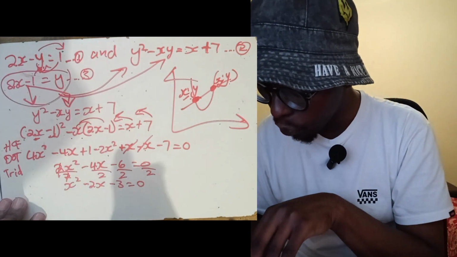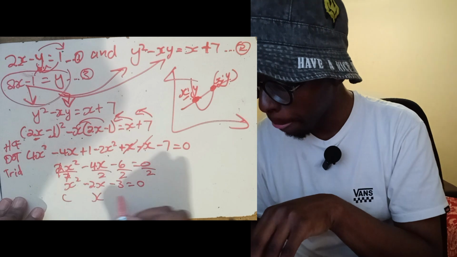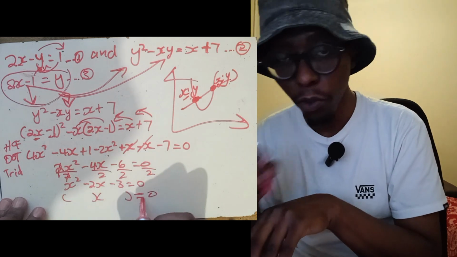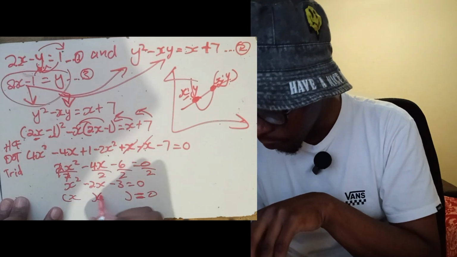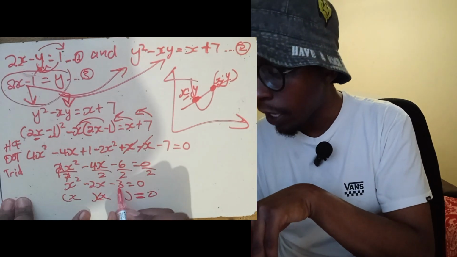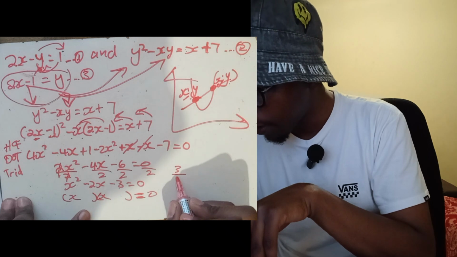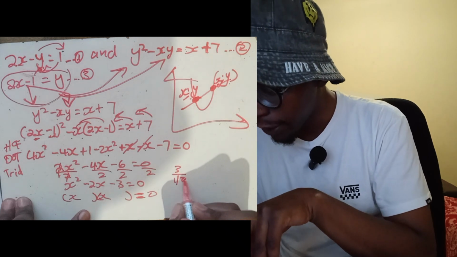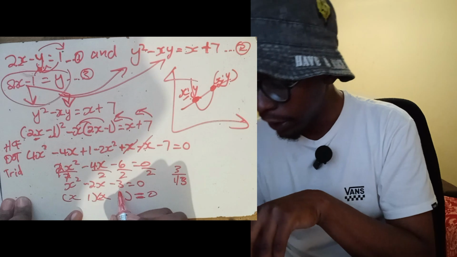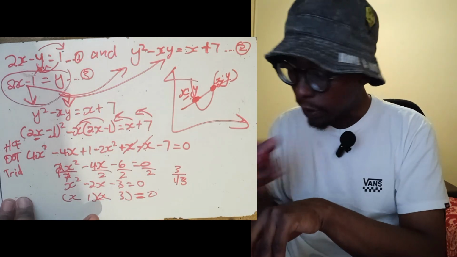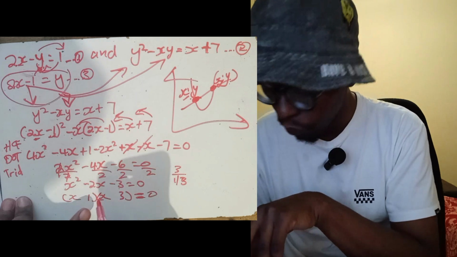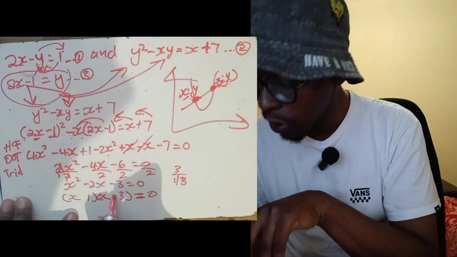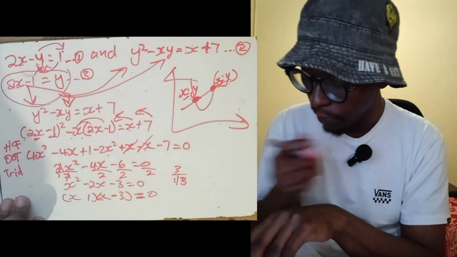Now I have to simply factorize as a trinomial. I have my x and x for x squared. For your last term, the factors of 3 are just 1 and 3. Now I have to get to negative 3, where the bigger number between the two follows the sign of the middle term, so 3 will be negative.